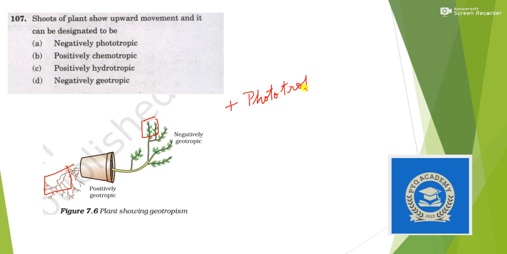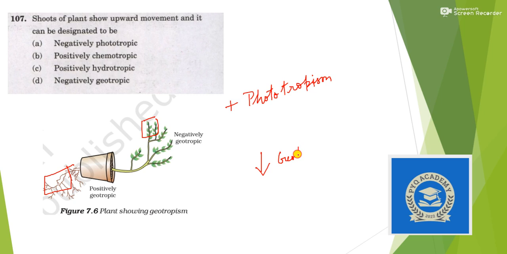So let's find the option positive phototropism. You can see that in the answer there is no positive phototropism, so let's move to the next option. Here you can see in the image that if anything moves towards the ground, it is known as geotropism.